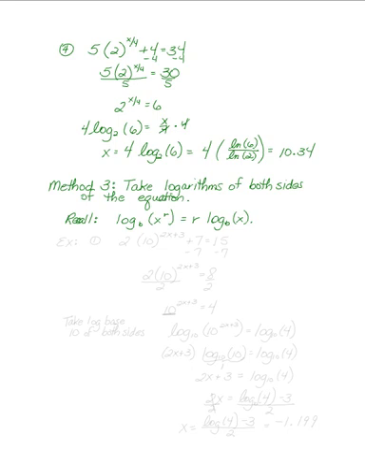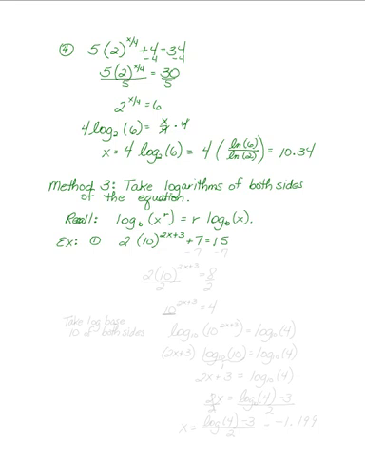Let me give you an example. So, for example, if we have 2 times 10 to the 2x plus 3 plus 7 equal to 15. If we want to solve this, the first thing you are going to do is the same thing that we did with the previous method, and that is get the exponential on the left by itself.